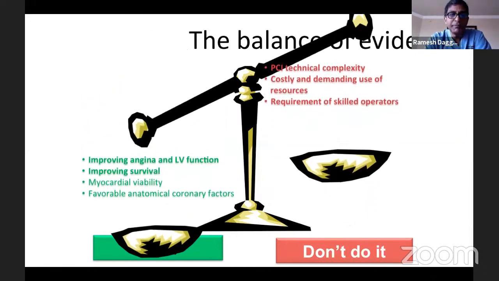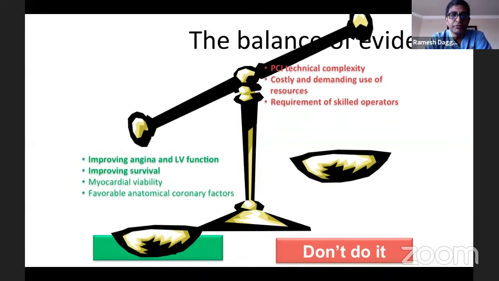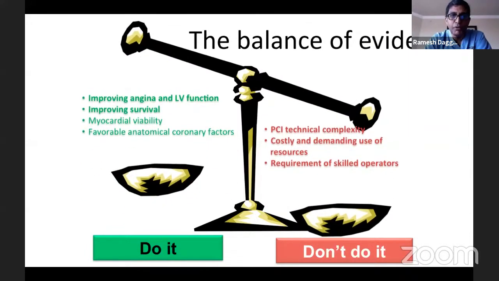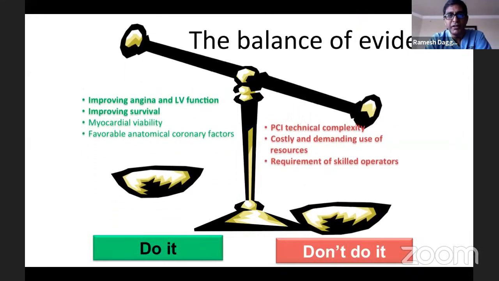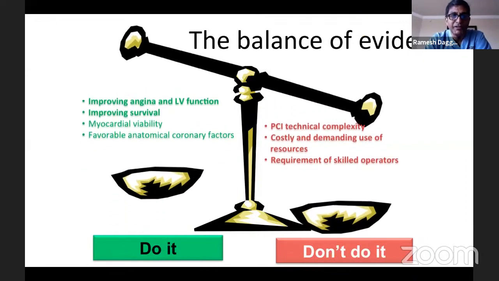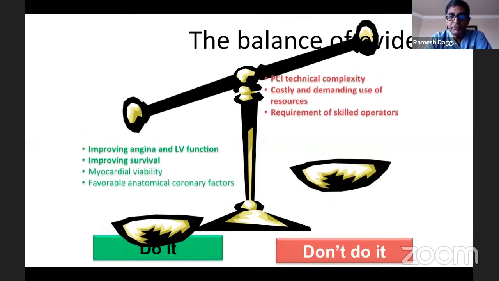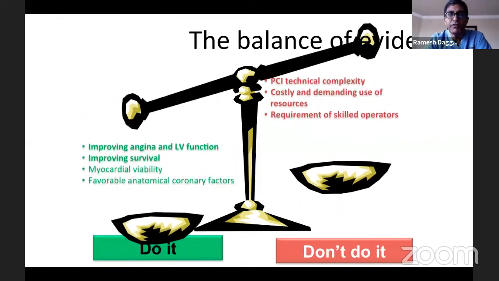How do we overcome that? But the whole idea of doing CTO is to improve angina and LV function, probably. Improving survival is something like a thought, and we'll look at that, myocardial viability, and looking at the people who would benefit by favorable anatomical coronary factors.